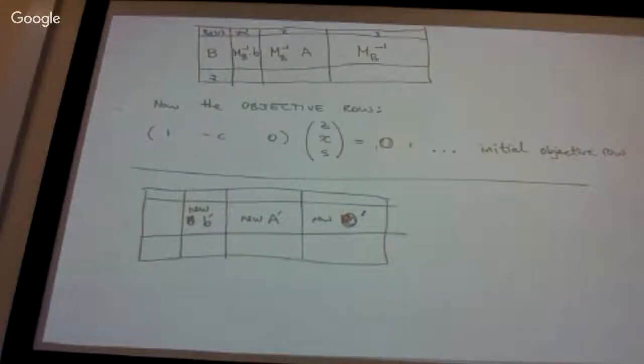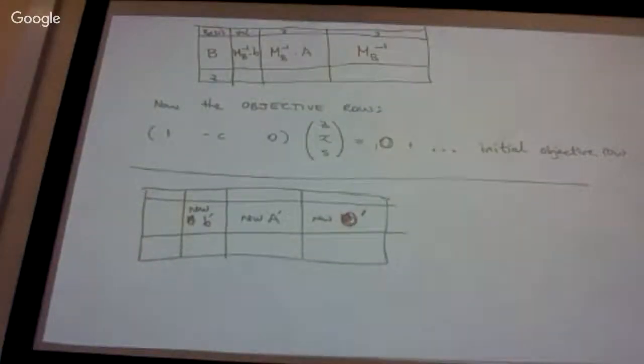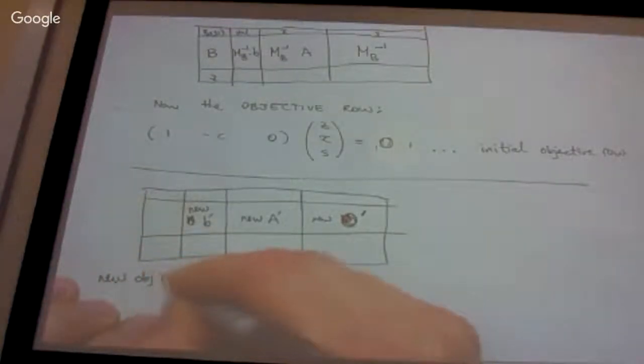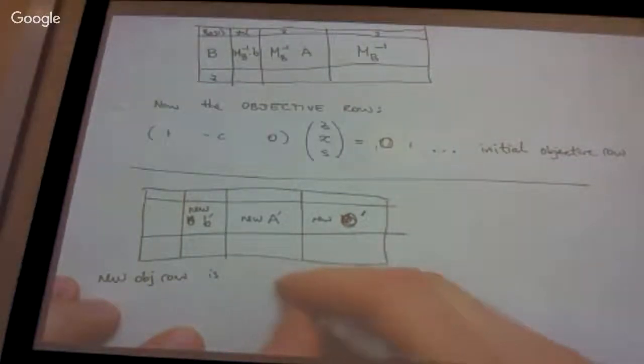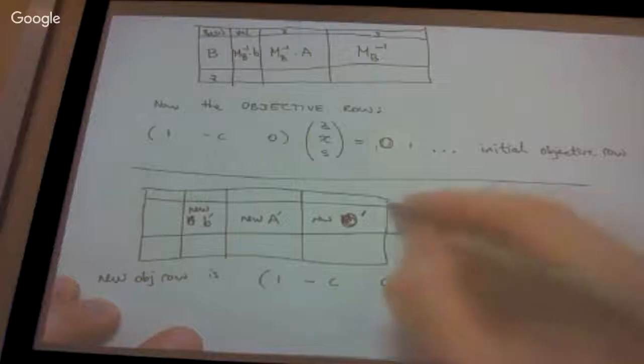Okay. And now when I'm doing the pivot step, I'm taking the original row that I have here. So what was the original objective row? It was 1 minus C 0, except it's coming in the wrong order.